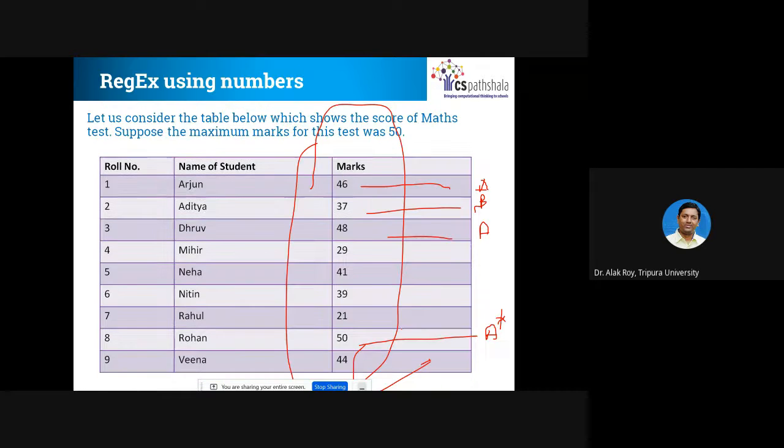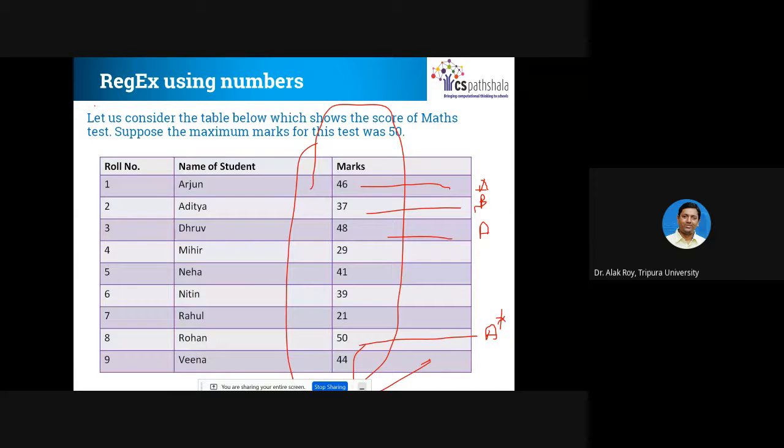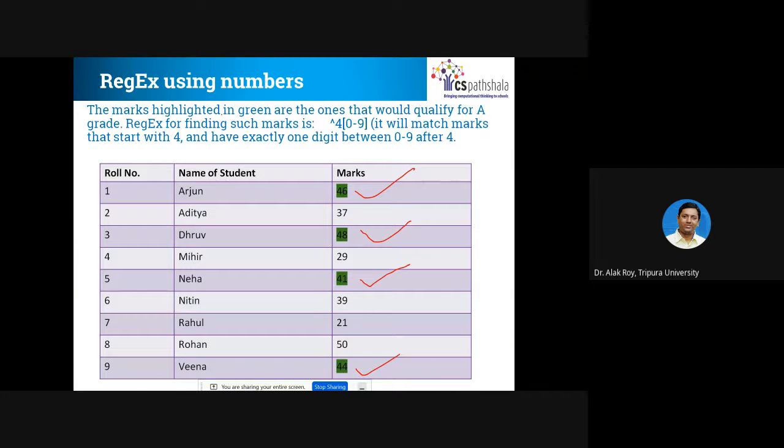If you see my last summary, this symbol is used for matching the starting position. That's why the marks highlighted in green are the ones that would qualify for grade A. So the regular expression for finding such marks starts with the caret and 4, which means it will compare the starting 4, and the rest can be anything between 0 to 9.